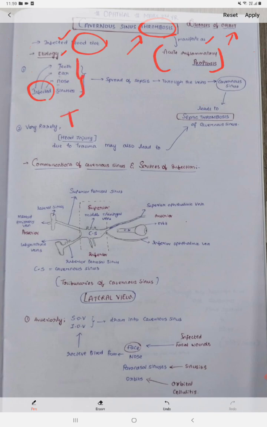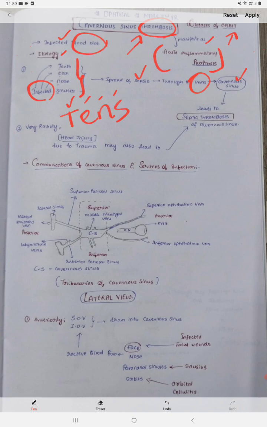You can remember it like TENS: teeth, ear, nose and sinuses, which means the paranasal sinuses. Whatever infection is present in these parts will spread to the cavernous sinus through the veins in between.